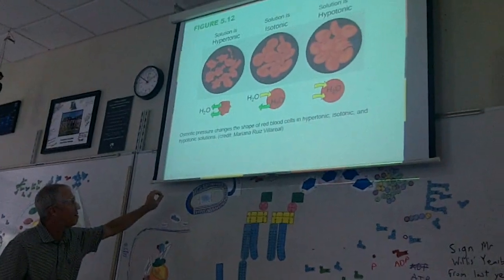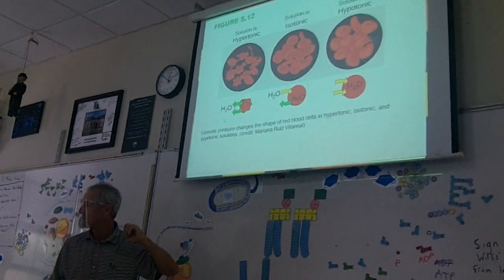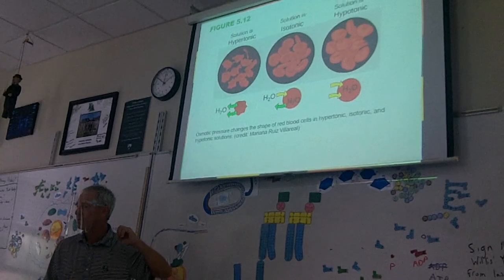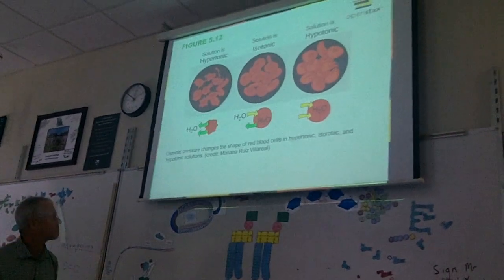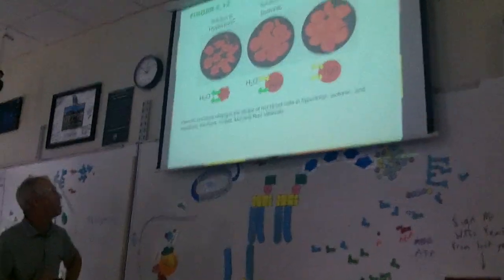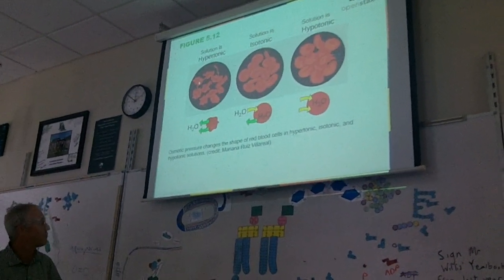They lose water and they shrivel up. A lot of kids get these words confused. In this case, the solution is hypertonic. The cell would be called hypotonic.